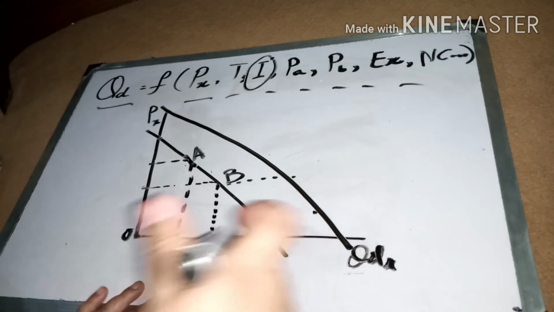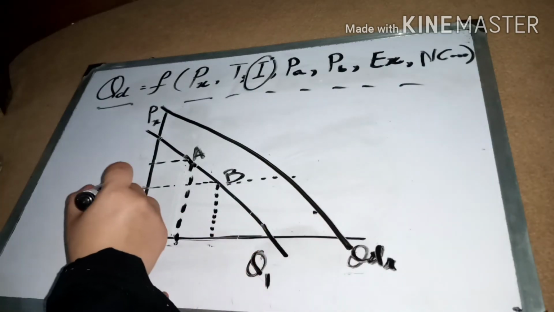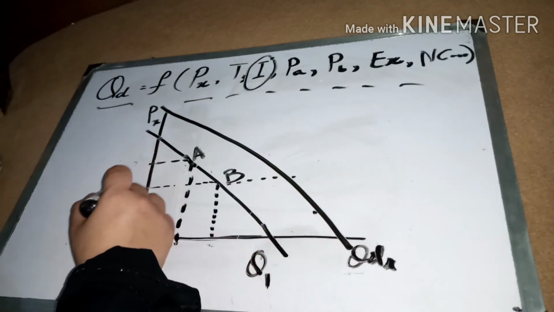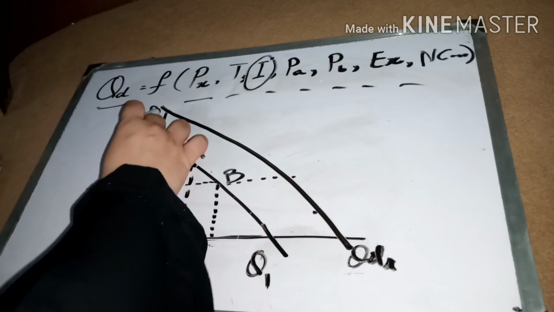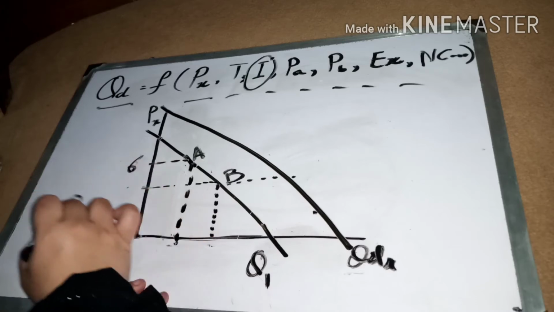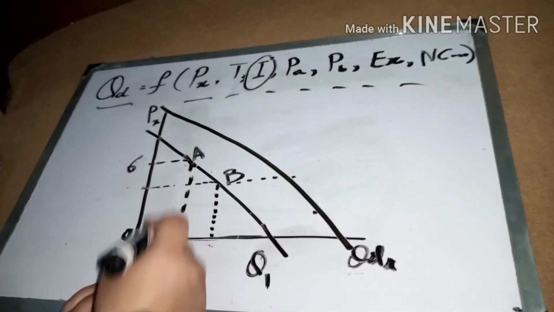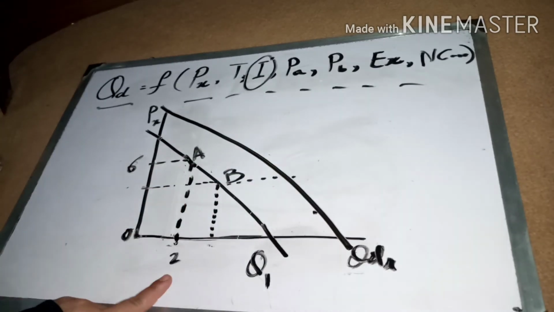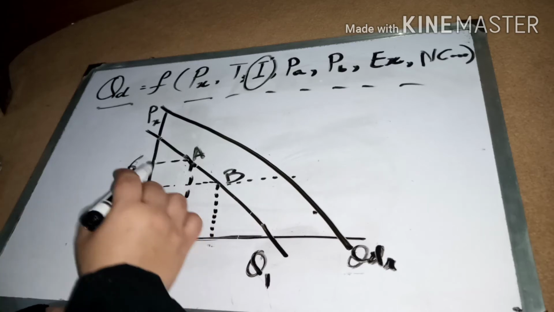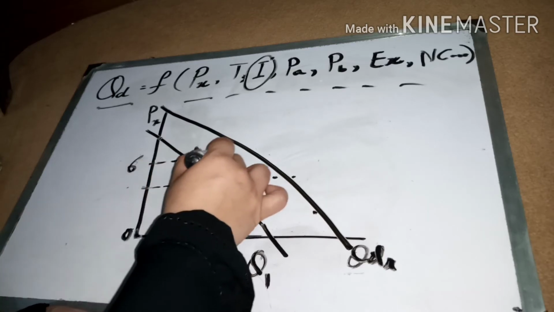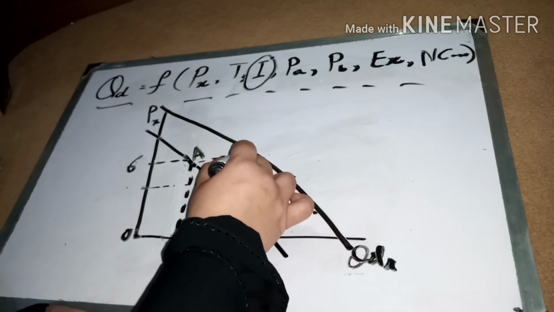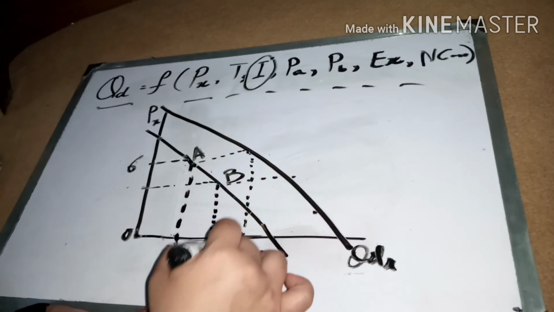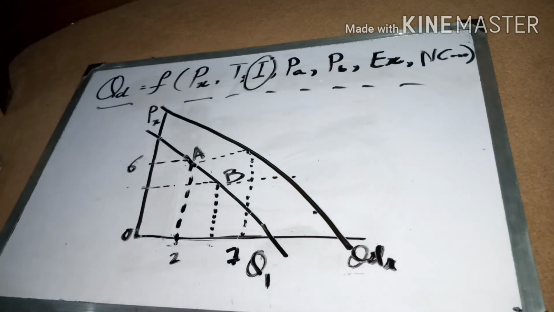Let's suppose it was at price 6, and he was demanding 2 units. Now at the same price he is demanding 7 units.